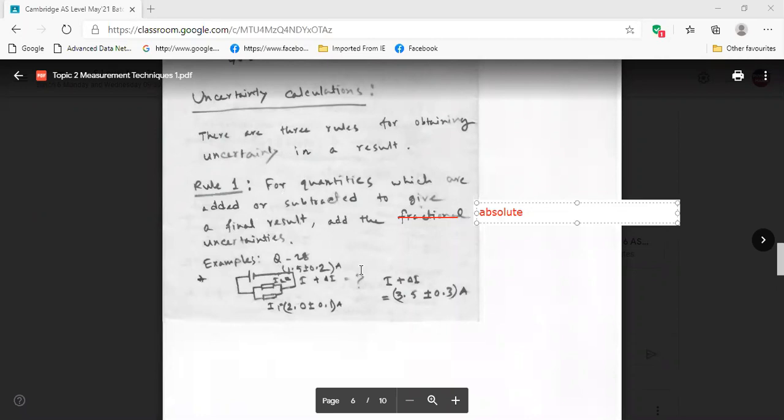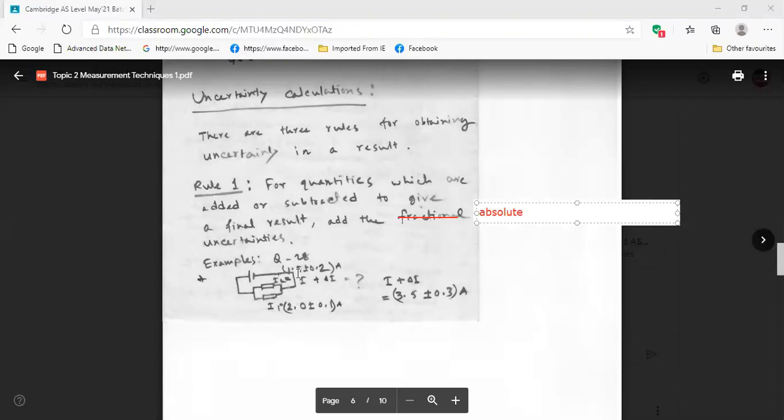So to get the final current or total current in this circuit, what we have to do? We have to do I1 plus I2, isn't it? So I1 plus I2 is here 2 plus 1.5.